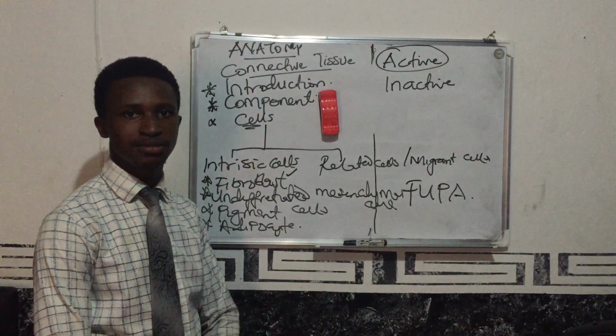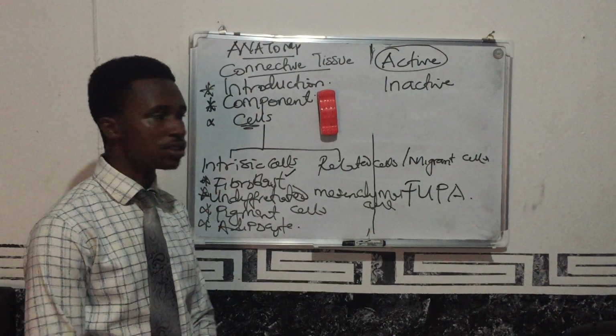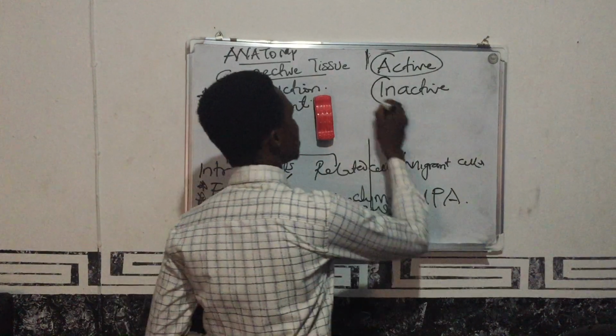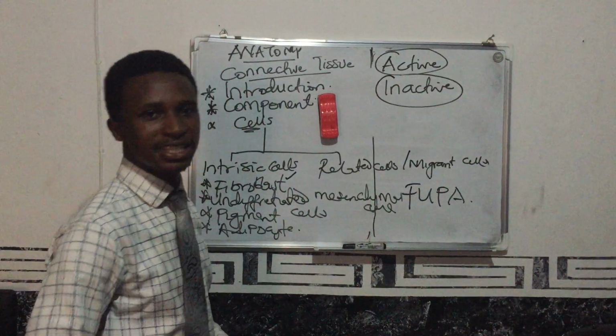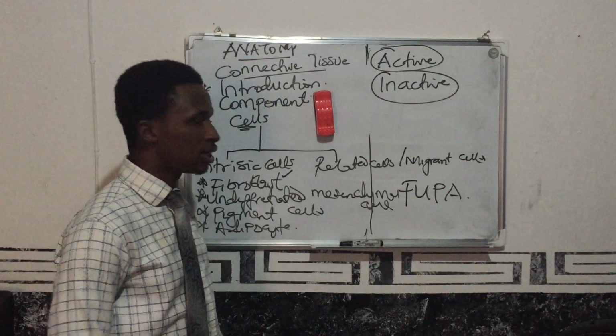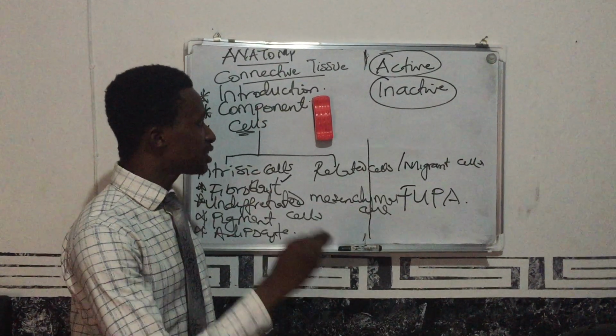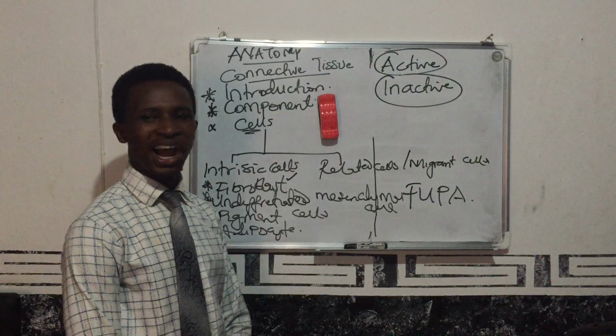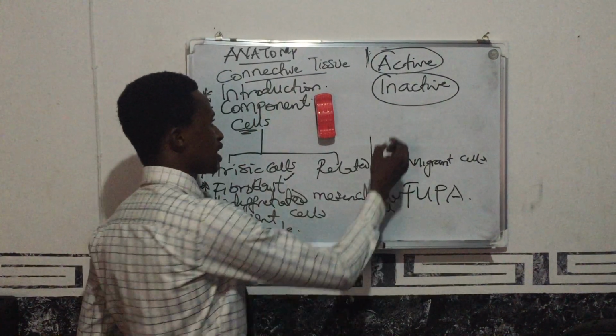On the other hand, inactive fibroblasts have a scanty cytoplasm with few organelles. Inactive fibroblasts are also known as fibrocytes.